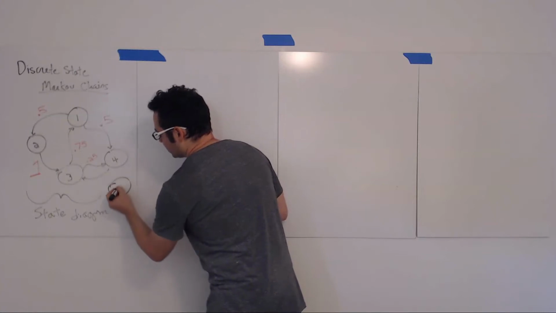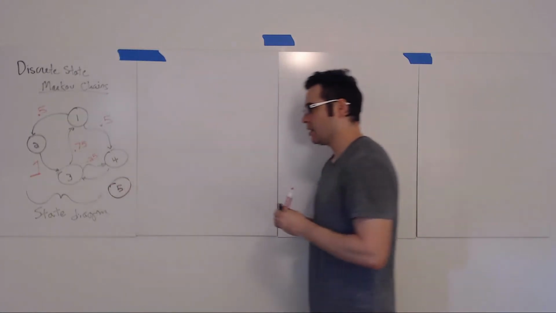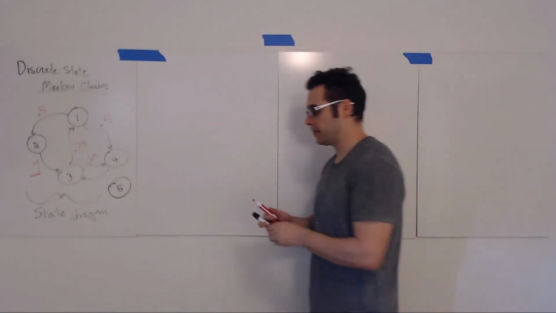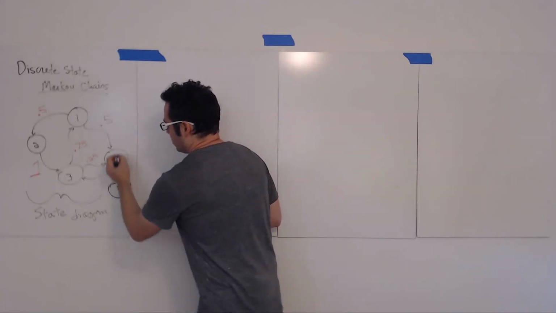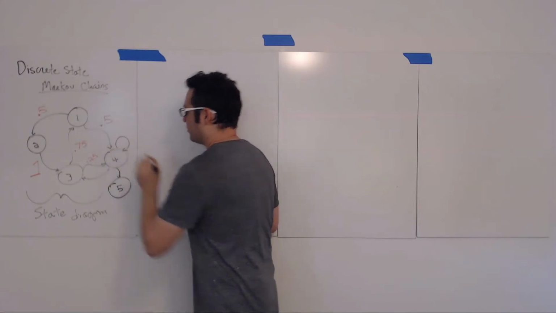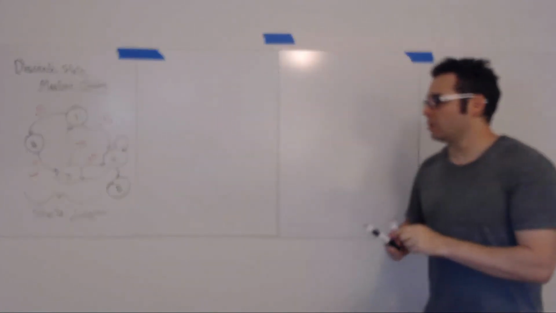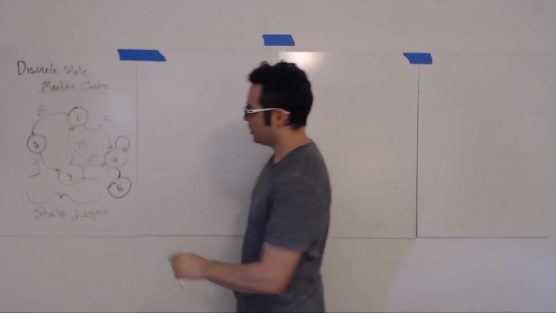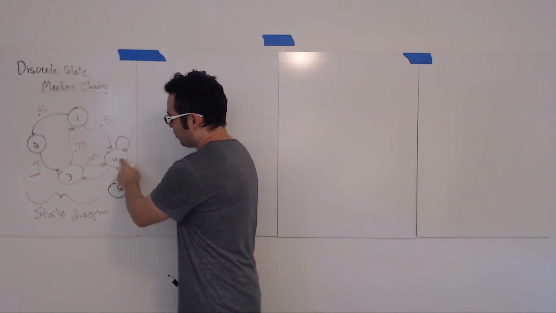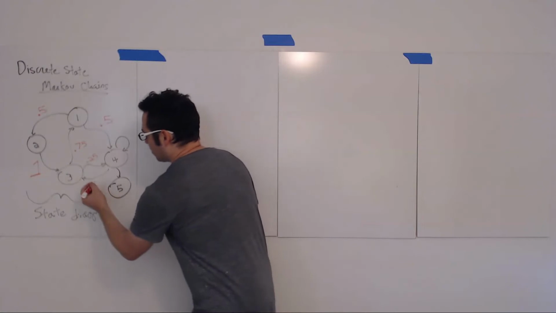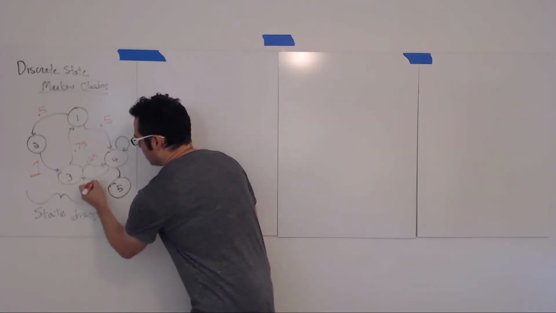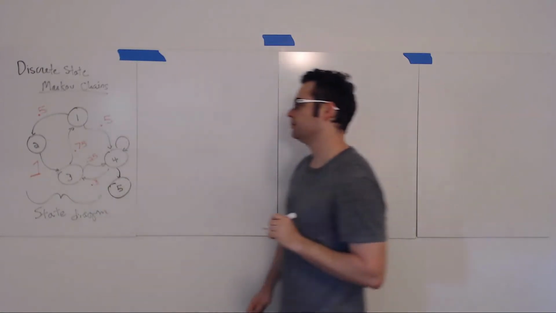So I'm going to add another state. And I'm going to do two things here. So what I'm doing here is node 4, so let's say you're at bar number 4, you have some probability that you go to bar number 3, and so we'll put that as 0.3.